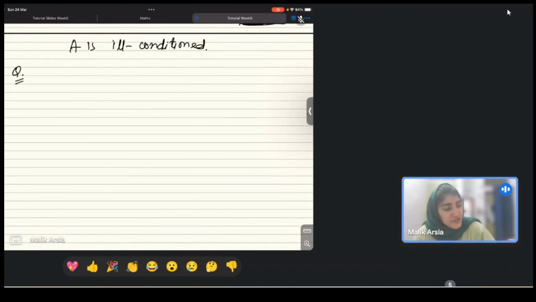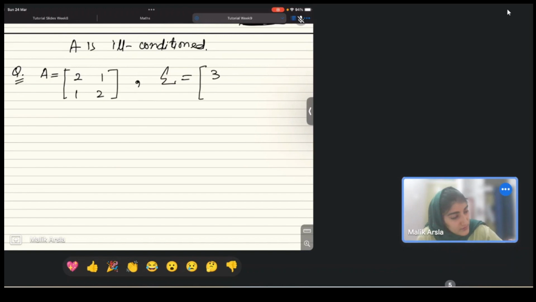So the third question is that we are given a matrix A that is equal to 2, 1, 1, 2. And the S matrix is given as 3, 0, 0, 1.